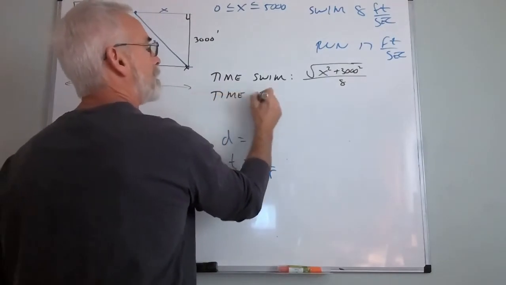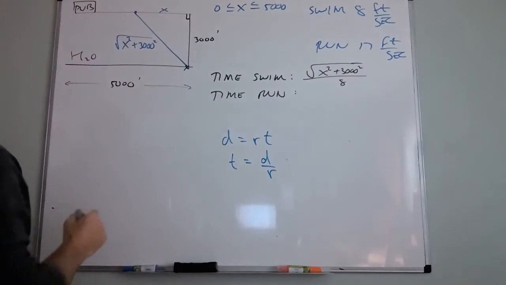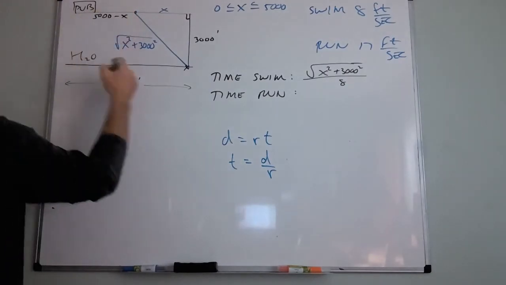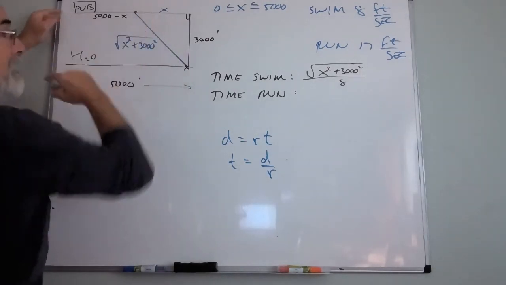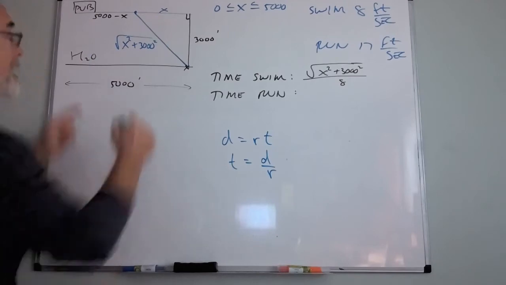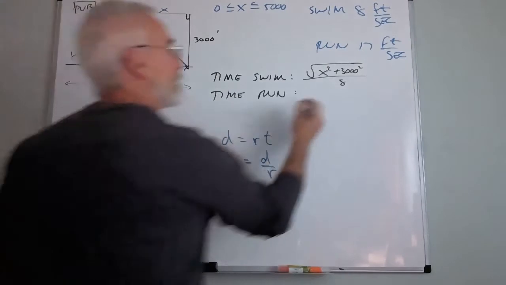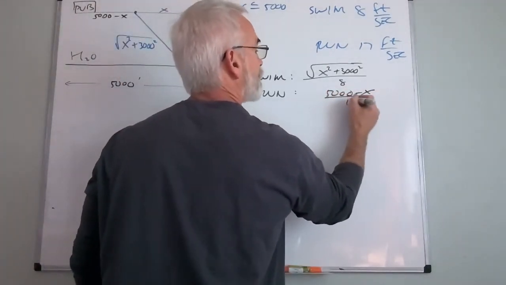The time to run is how far do I run? If you're swimming to some arbitrary point, you're going to run 5,000 minus X, and that number can be anywhere from 0 to 5,000. You're not running here, you're running here. So that would be 5,000 minus X over 17.